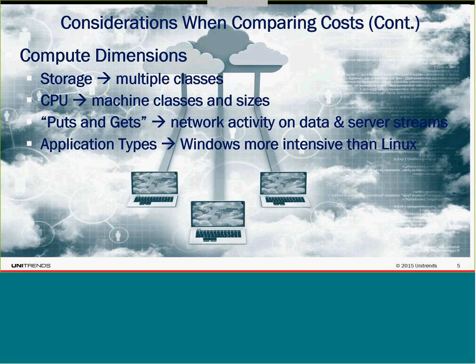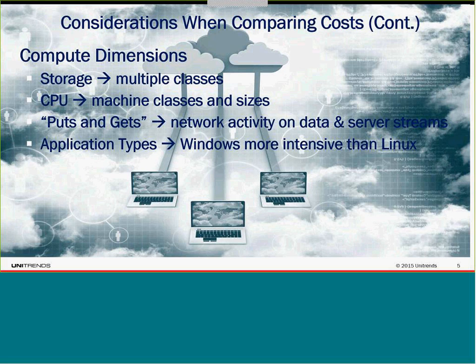And they also have their Glacier archive. Google has Nearline storage, which is lower cost, as well as their online storage embedded within their Google cloud platform infrastructure. As far as VMs go, most of the vendors will give you small, medium, or large machine classes, and within those classes, various sizes of CPU that you can choose, or in some cases will be assigned to you based on the application profile.